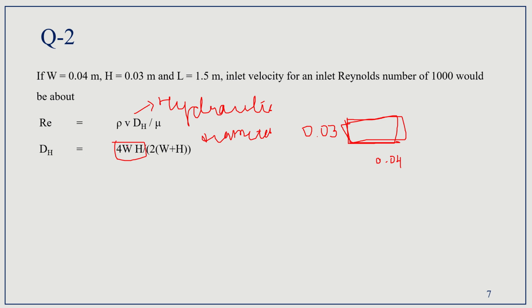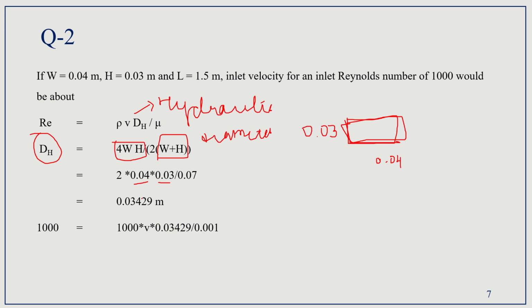We substitute the given values: 4 by 2 becomes 2, W is 0.04 meter, H is 0.03 meter, and W plus H becomes 0.04 plus 0.03, which is 0.07 meter. So 2 into 0.04 into 0.03 divided by 0.07 gives us 0.03429 meter.